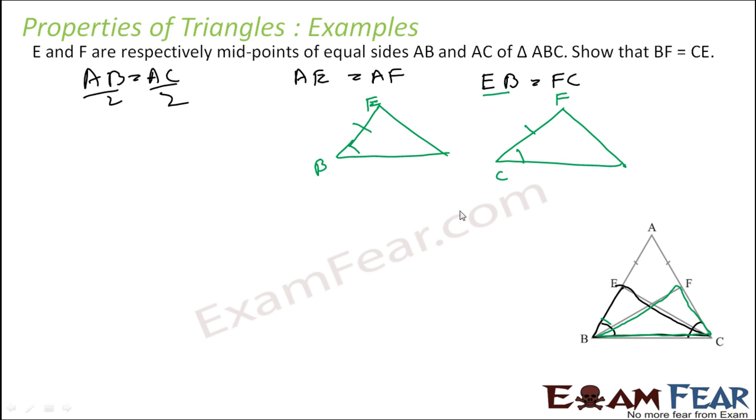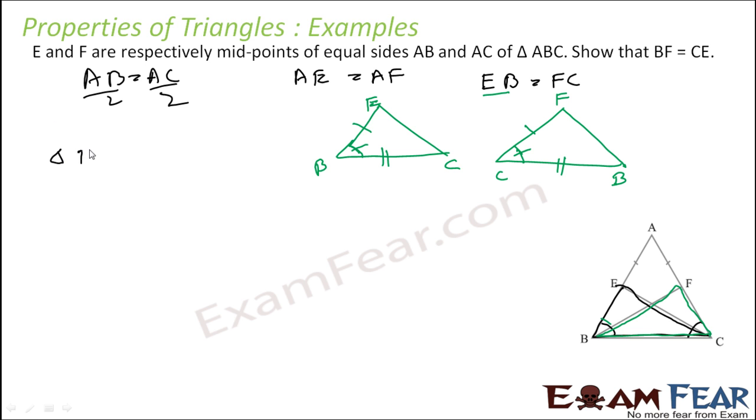What is pending is EBC and FCB. Let's see the common side. BC, yes, the common side. Now, if you see these two triangles, these sides are equal, these angles are equal, these sides are common. So SAS, they are congruent.